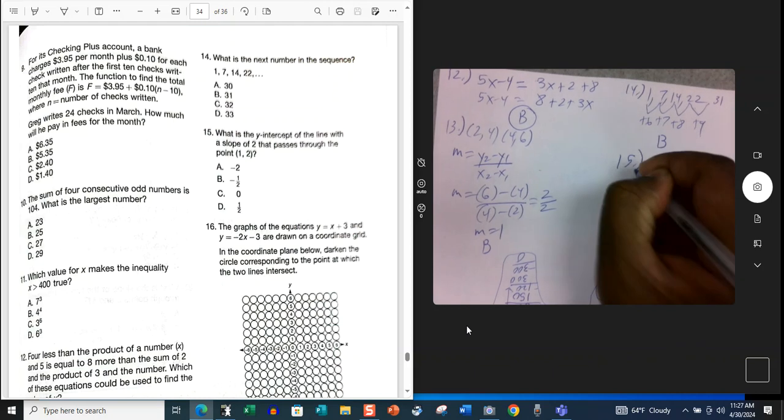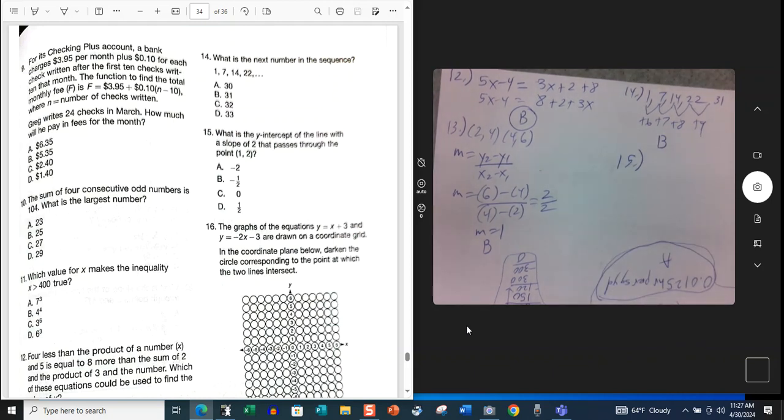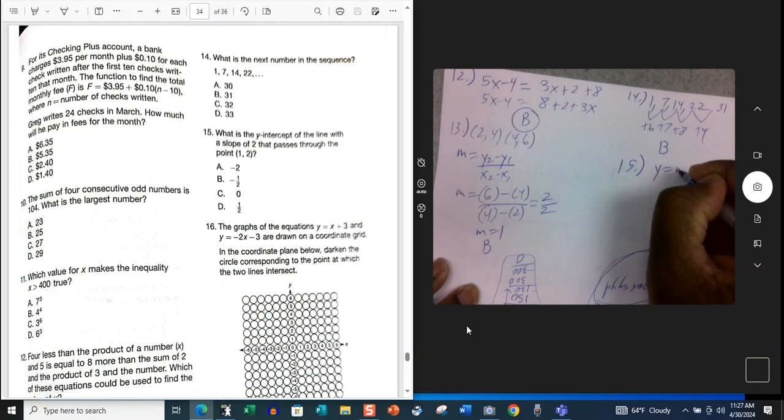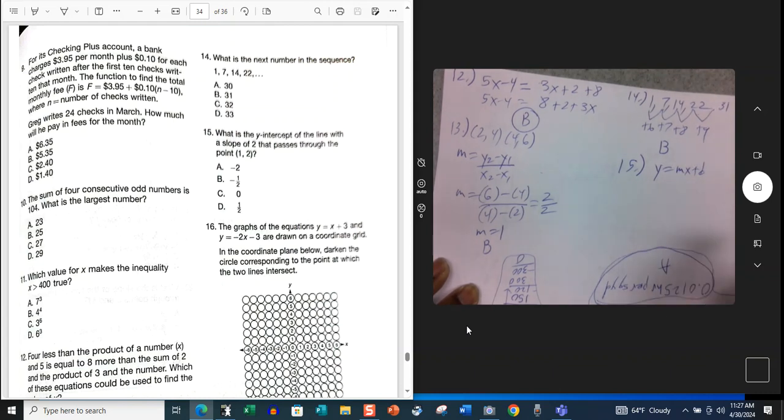Now problem 15. It says, what is the y-intercept of the line with the slope of 2 that passes through the point 1, 2? So we'll do slope-intercept form, which is y equals mx plus b. We have the slope is 2, and we have the ordered pair 1, 2. So now we substitute because we're trying to find the y-intercept.